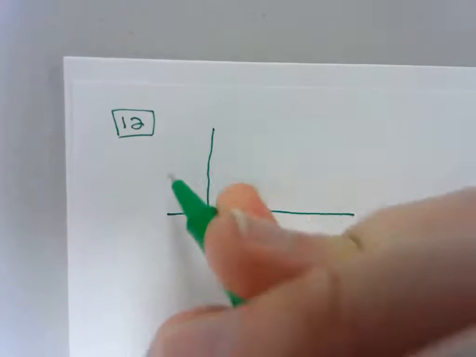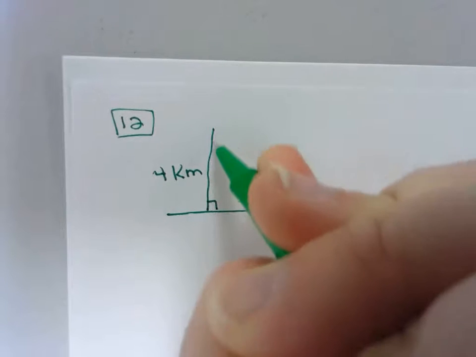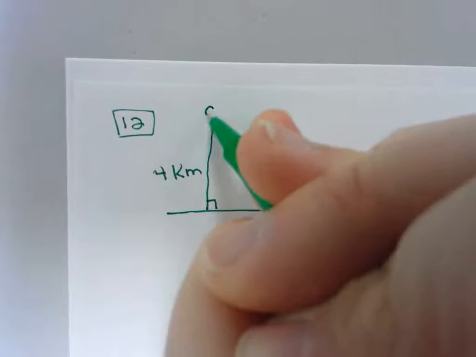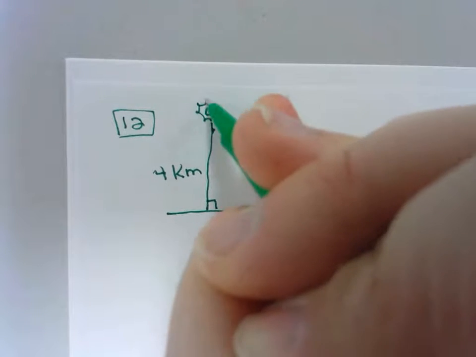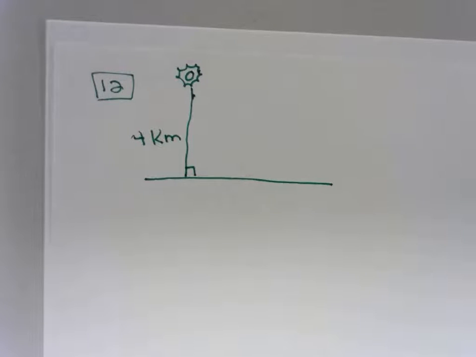So here's my 4 kilometers, straight out. I know this is 90 degrees, it doesn't look like it, but that's straight out. Here's my beacon, a nice light, on a ship 4 kilometers out. And I want to know how fast the beam is moving along the shoreline when it makes an angle of 45 degrees with the shore.